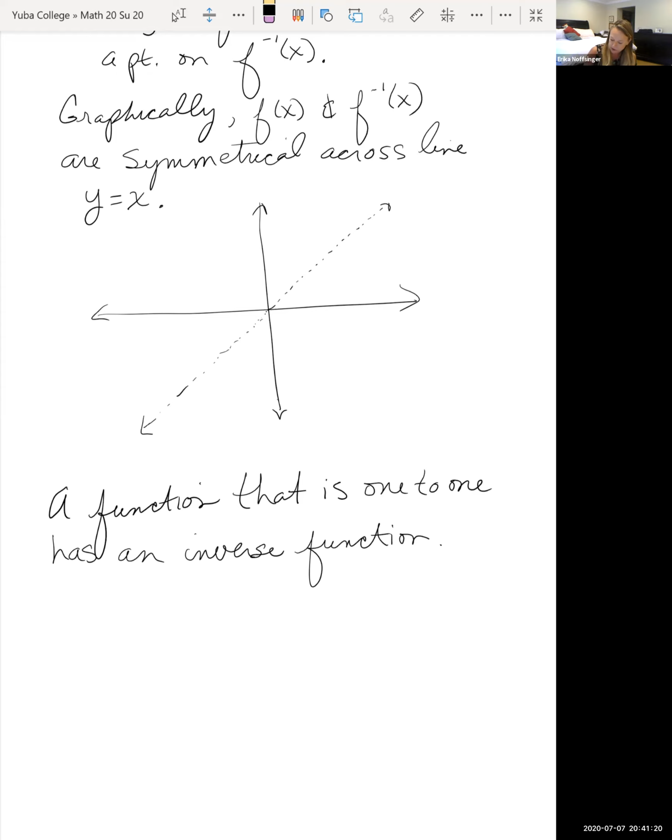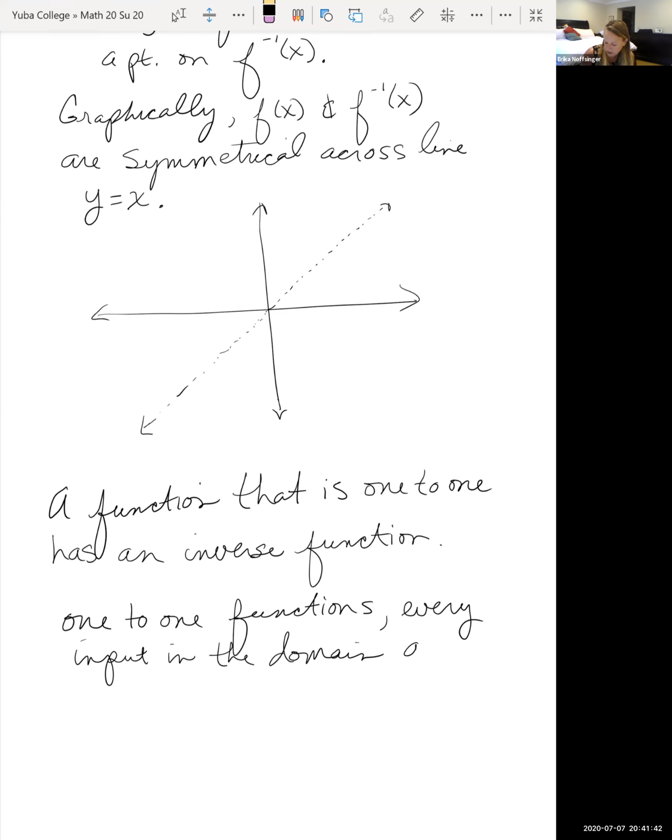So one-to-one functions: every input in the domain gives a unique output in the range.